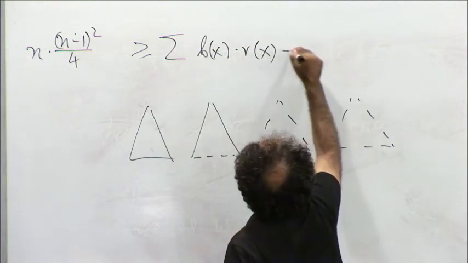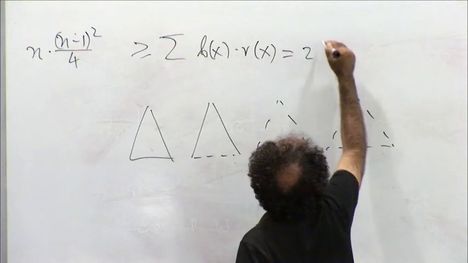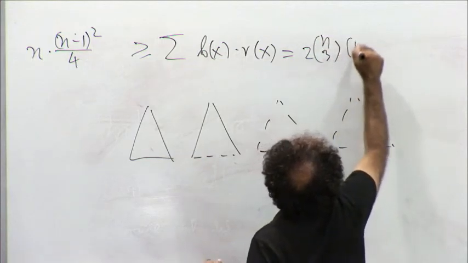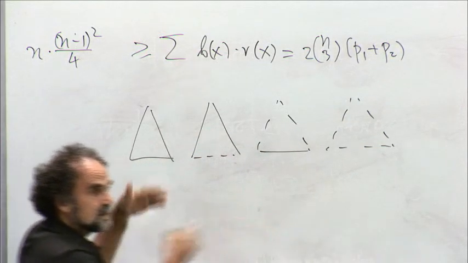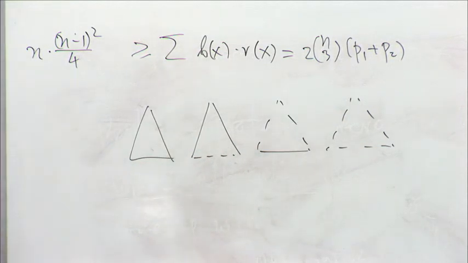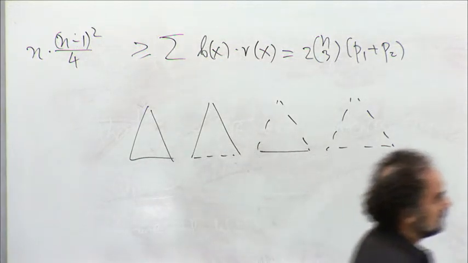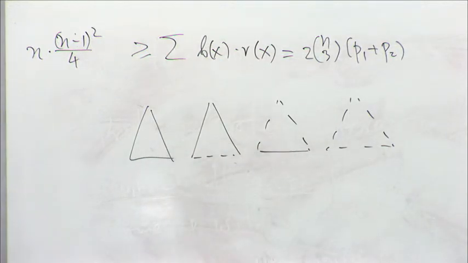So this is 2 times n choose 3 times P1 plus P2. And now we just move things. Now it's just high school algebra, and you get this conclusion. Okay, very good. So this nice observation, this fact has been known, as you see, for almost 50 years.